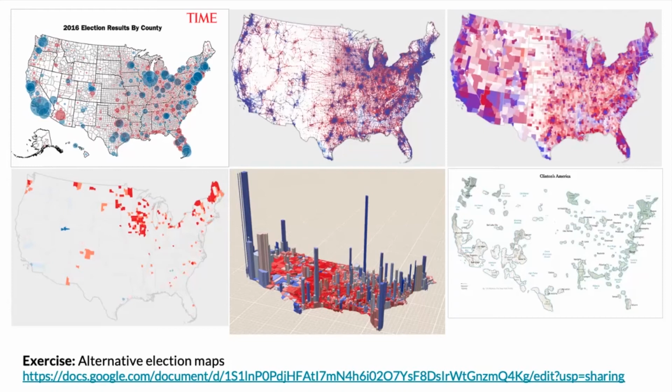And those choices can have a huge impact on the main message, the main takeaway of the graphic that you create. So there's a lot of power in the person who is making the graphic, and a lot of agency in the message of the thing that you create in the end.